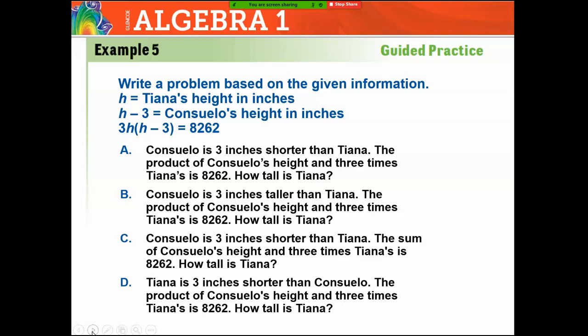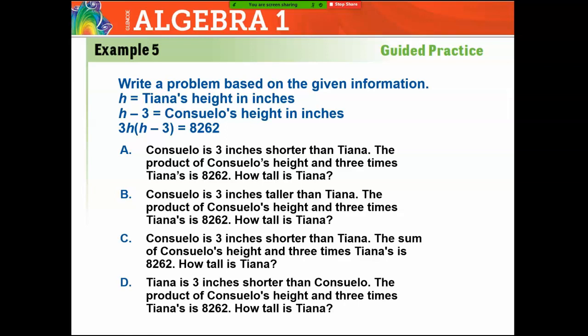So the good news is they all end in a question, so they're all a valid word problem. They all end in the same question. So really what you're looking for is the connection between the two. So your first thought should always be the connection between this variable you're given and an equation. So we're looking for something with Consuela's height minus 3.